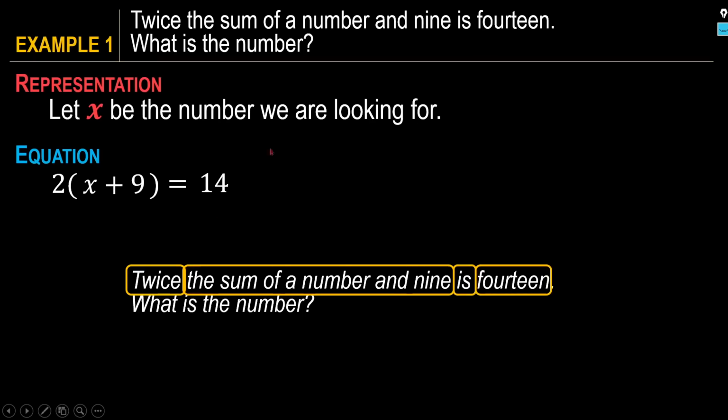And right there, when we dissected our problem, we're able to unlock the equation that we need to solve. So we have 2 times the quantity x plus 9 is equal to 14. Di ba? Ang dali pa niyang tignan. Mukhang we should be very confident at this point. We've answered far more difficult equations than this.